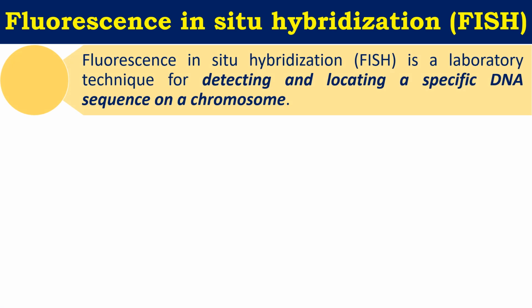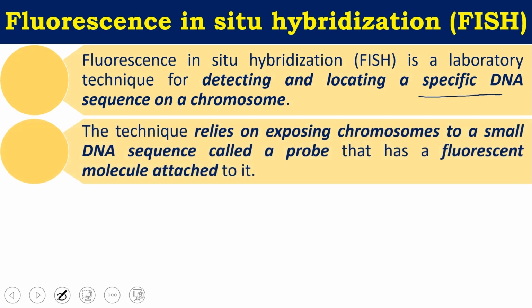FISH is a molecular cytogenetic laboratory technique which detects and locates a specific DNA sequence on a chromosome. This technique relies on exposing chromosomes to a small DNA called a probe.